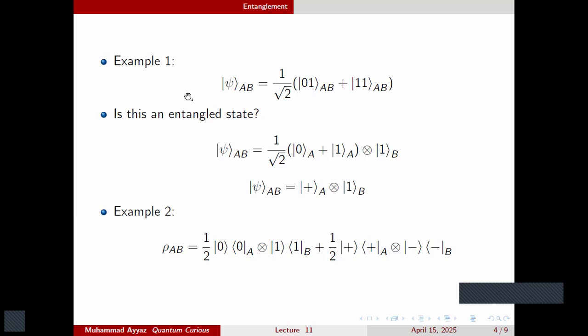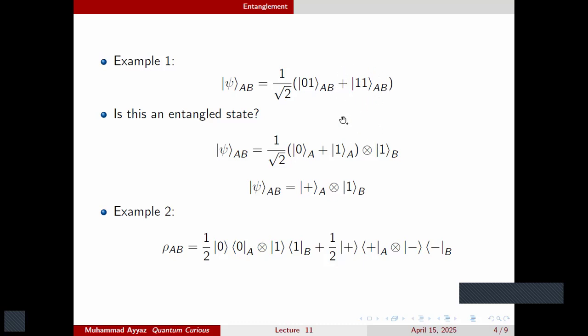Consider we have a pure state, and from first sight, it looks like an entangled state. But if we stare more deeply and more attentively, we could see that we can factorize that qubit in the B subsystem out of this in both the cases.